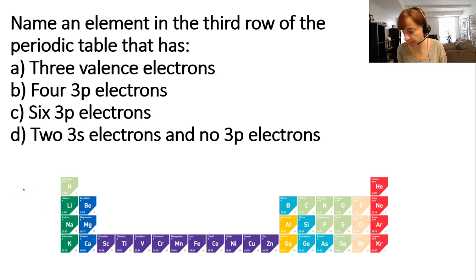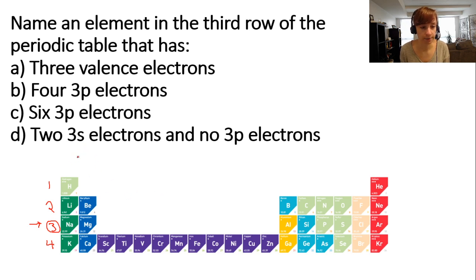Or the first 4 rows, just to make it look nicer, but this is row 1, 2, 3, 4. So we want to pay attention to the third row here. This one. Okay, so the first one is to name an element that has 3 valence electrons.